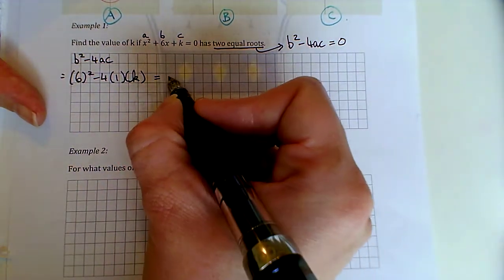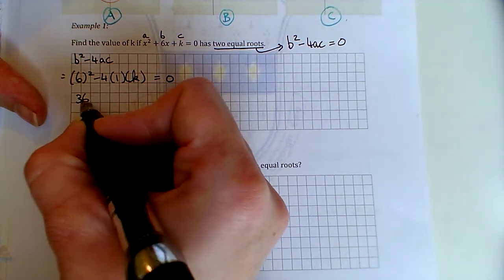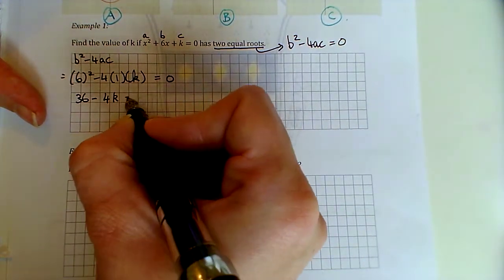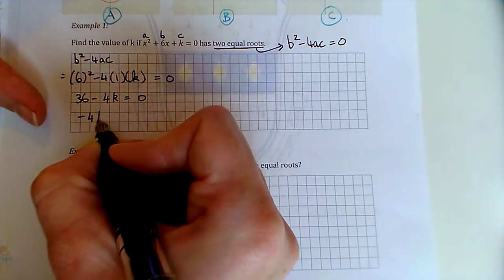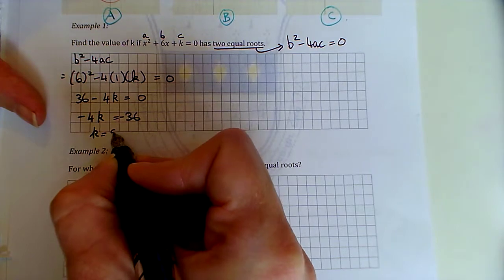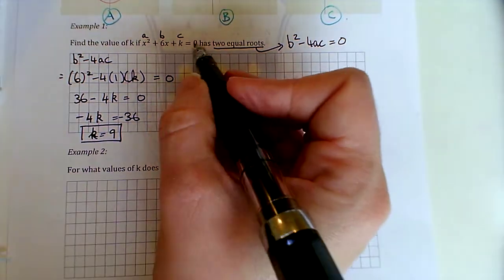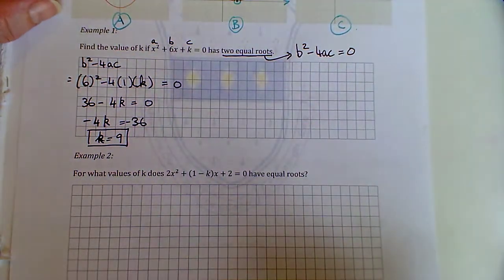And we know that that is equal to 0. So we have 36 minus 4k is equal to 0, minus 4k is equal to minus 36, and k is equal to 9. So when k is equal to 9, this has 2 equal roots.